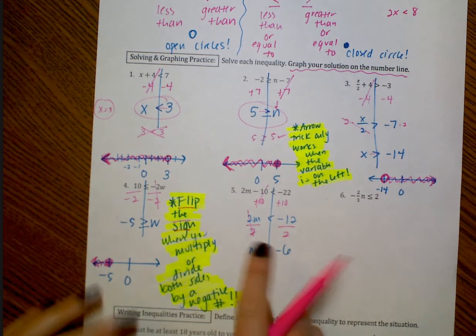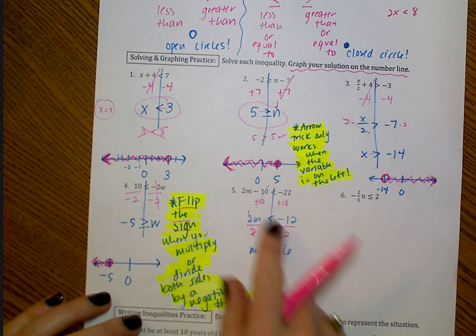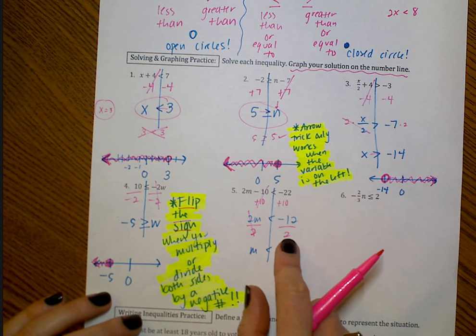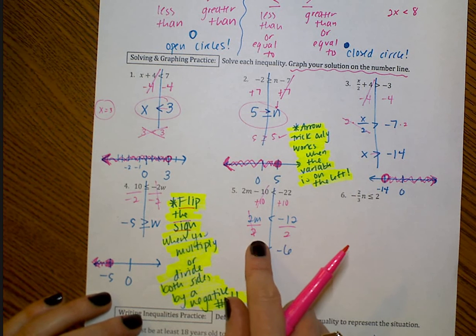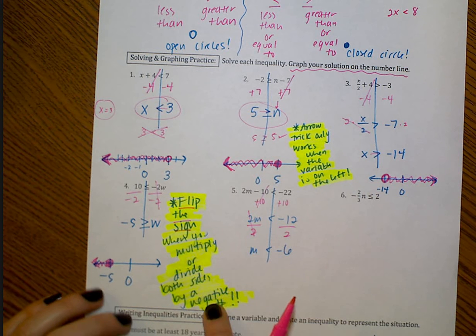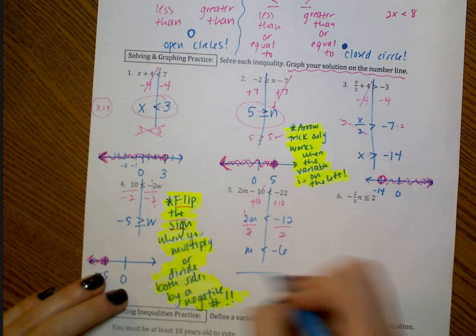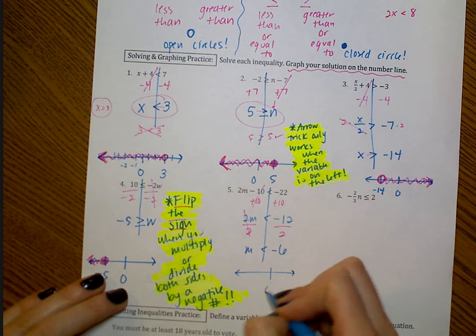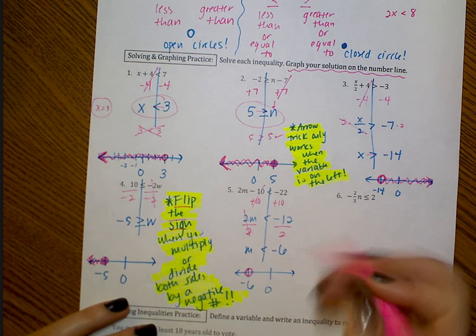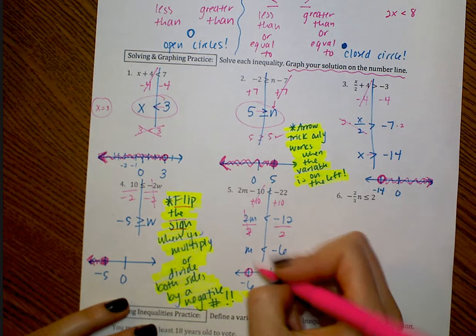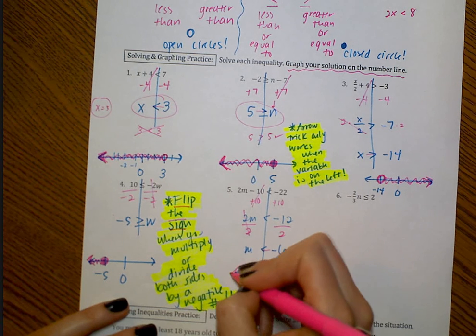But it's what you do to both sides. So in pink pen is what I did to both sides. We divided by +2, not negative, so do not flip it. This one's good. I'm going to do an open circle. The variable's on the left, so I'm going to follow that like an arrow. Shade left.